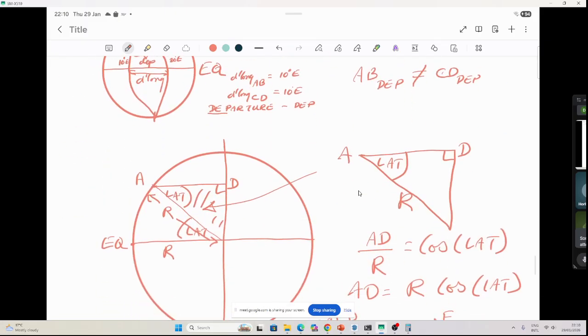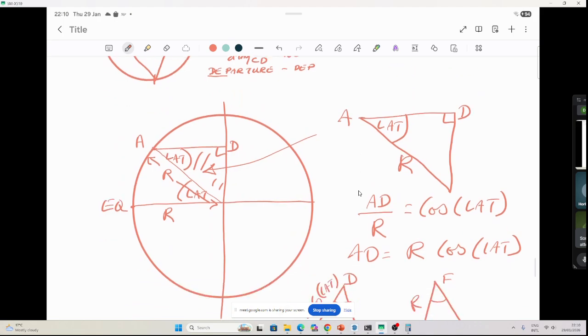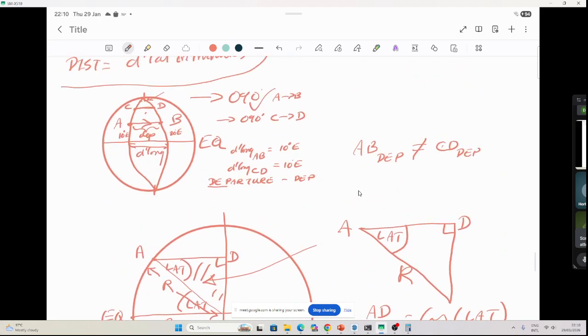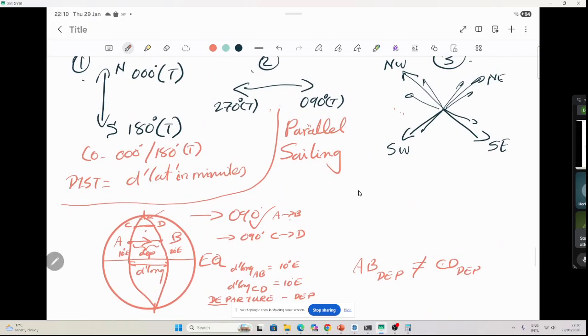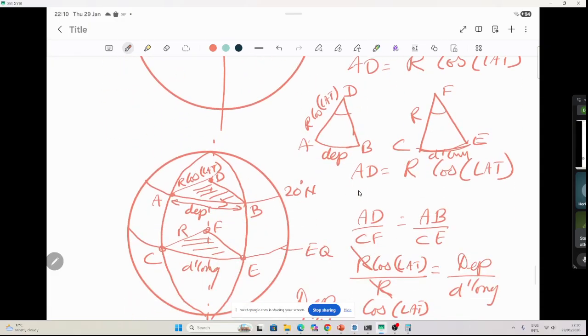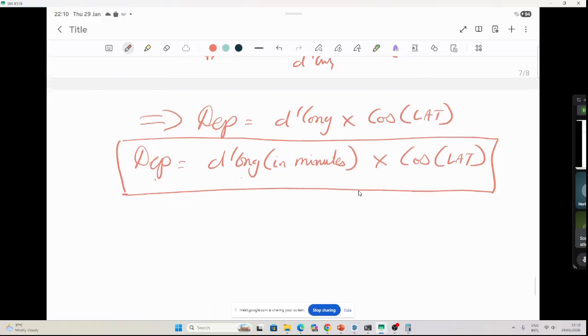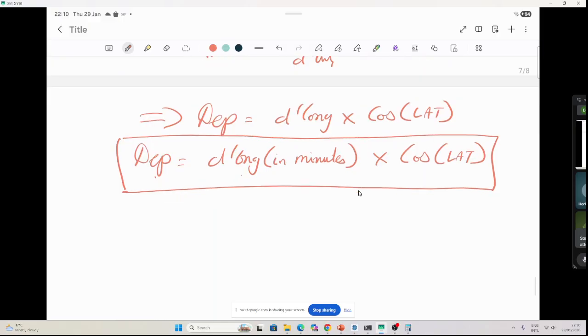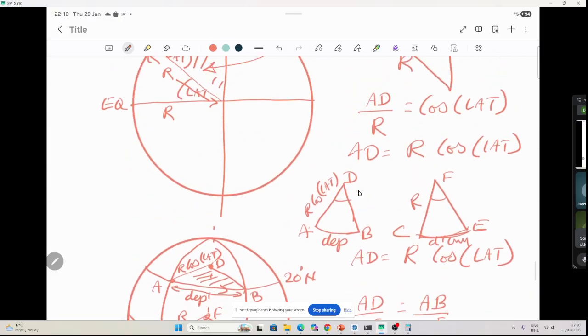Okay, parallel කියන්නේ equator එකකට සමාන්තරව sail කරන හින්දා ඒකට කියනවා parallel sailing කියලා. ඒකේ course එක 090 or 270. එතකොට distance දැන් හොයාගන්න distance සමානයි departure නේ. Departure is basically distance. So departure is basically equals to d long. මෙන්න මේ formula එක දාලා තමයි අපි මේක හොයාගන්න ඕනේ දැන්. Are we clear, guys?